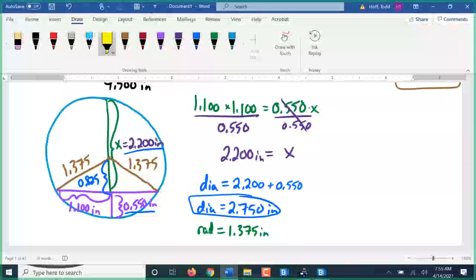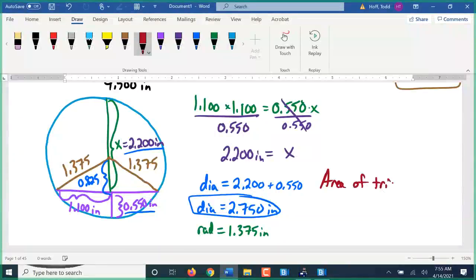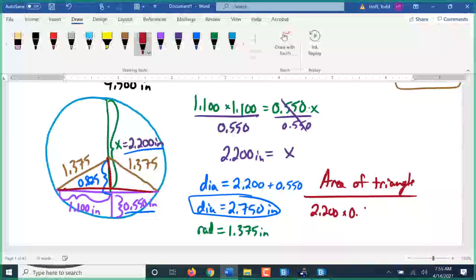I can find the area of the triangle. Base across here is 2.2 times the height, 0.825, and of course it's a triangle, so it's divided by 2.